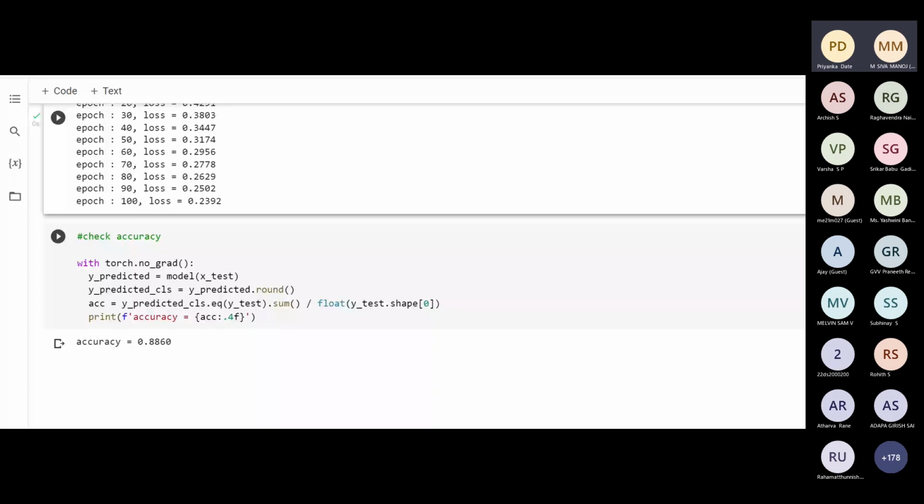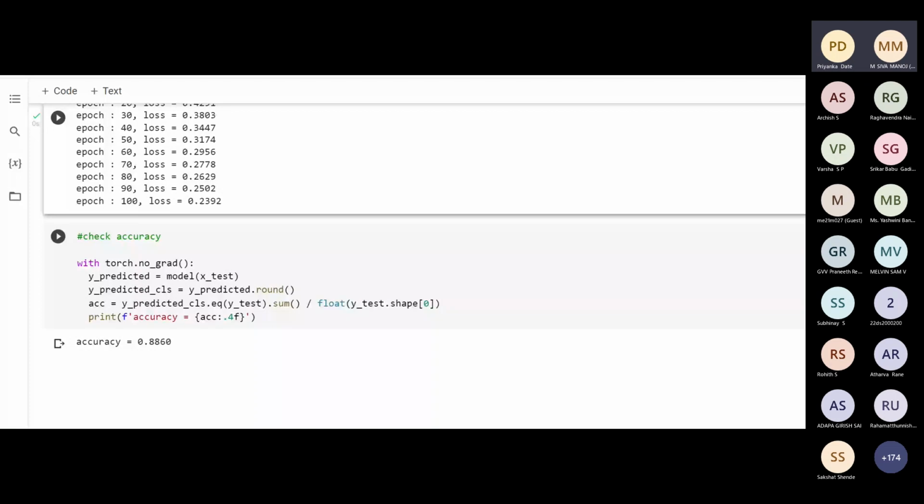The next step is to find the accuracy, where we compare the y_test, that is the actual output in the data set, with the y_predicted_cls, that is our predicted y, which we sum over the entire data and divide by the number of samples, that is the test shape that we have, to get the accuracy.